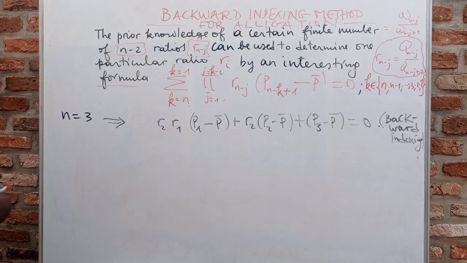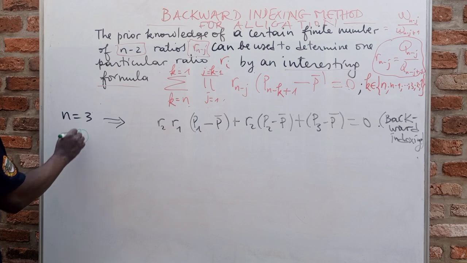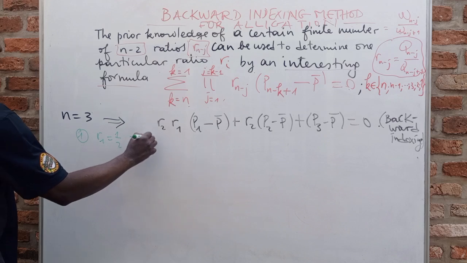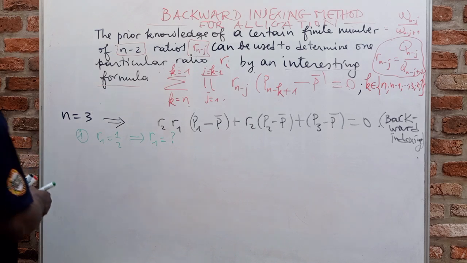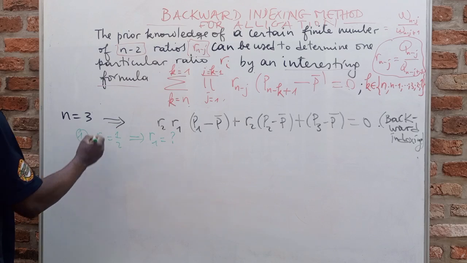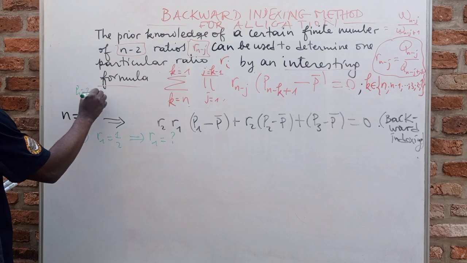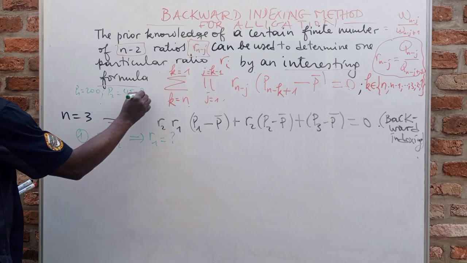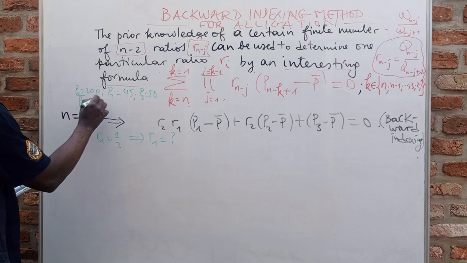So obviously, for some examples we used, we said that if R1 is equal to a half, what will R2 be in order to find the ratio? In this case, for our last example, we are given P1 equal to 200, P2 equal to 45, P3 equal to 50, and for the mixture, P bar equal to 70.